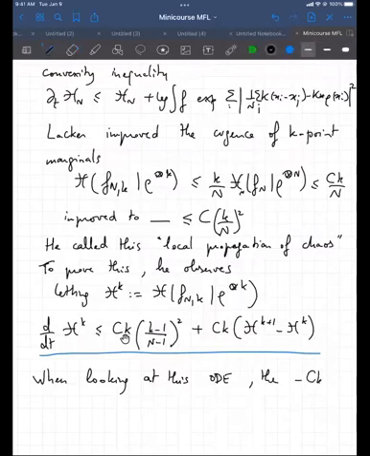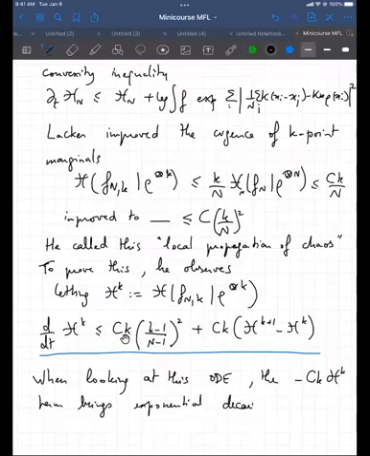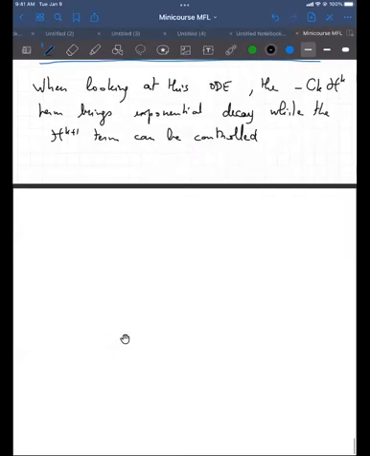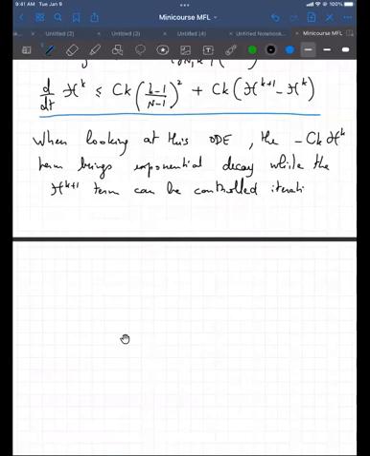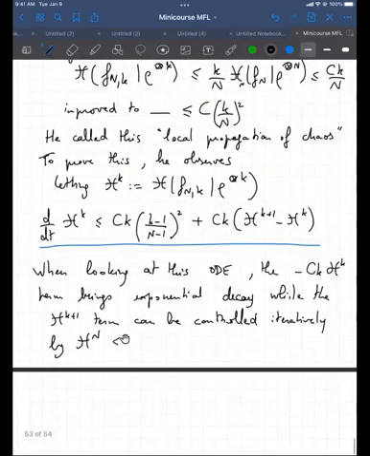So the minus ck hk term brings exponential decay, while the hk plus 1 term can be controlled iteratively in terms of the last guy in the hierarchy, hn, for which we have these bounds that we've seen already. So I think the bound by O of 1 suffices.